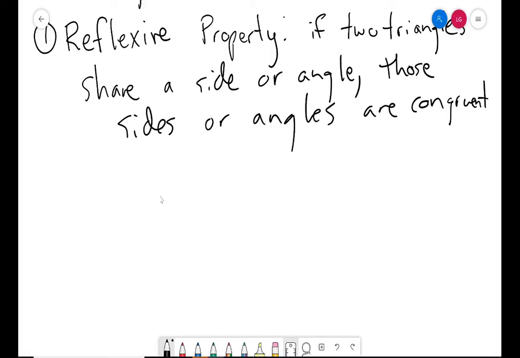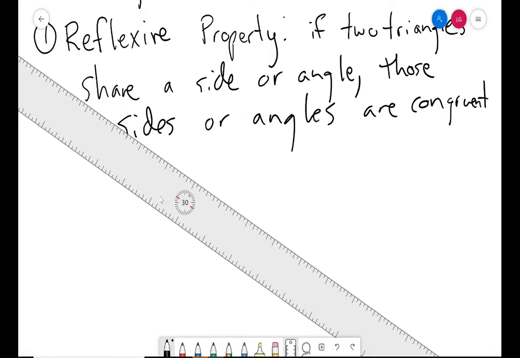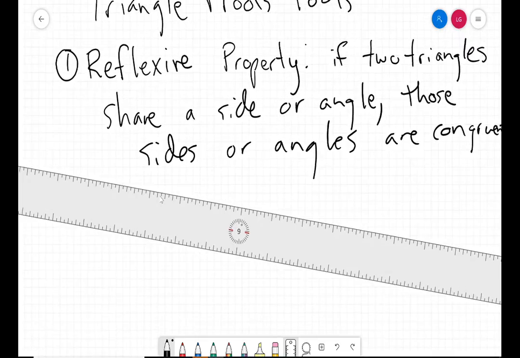So for example, let's get the visual going here.